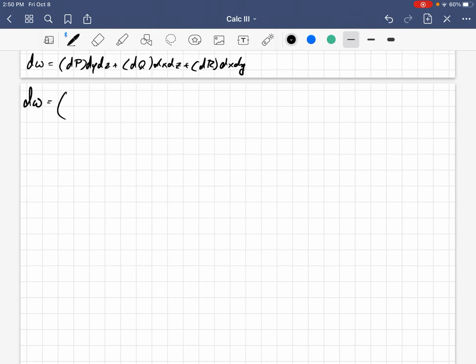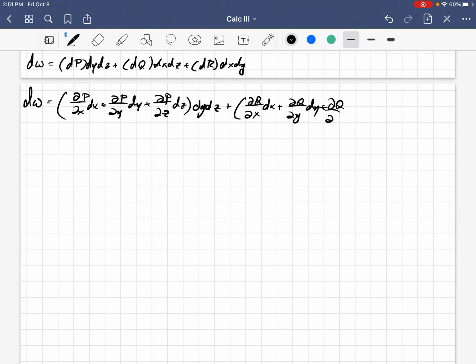So, we have the partial of p with respect to x dx plus the partial of p with respect to y dy plus the partial of p with respect to z dz, dy dz, plus the partial of q with respect to x dx plus the partial of q with respect to y dy plus the partial of q with respect to z dz, dx dz, plus the partial of r with respect to x dx plus the partial of r with respect to y dy plus the partial of r with respect to z dz, dx dy. Okay, that's d omega.